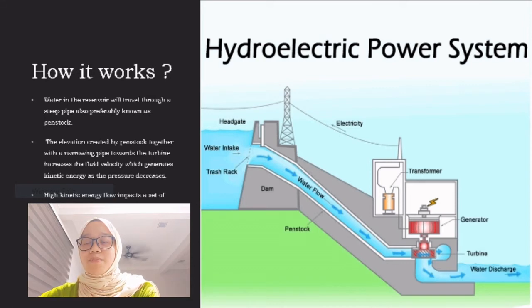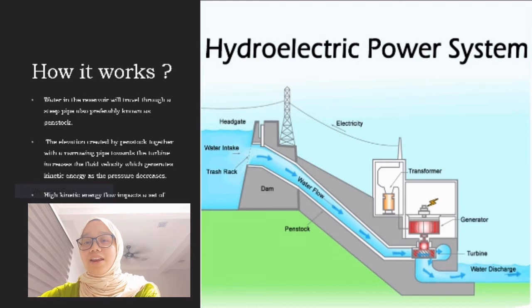Also, the diameter of the penstock towards the turbine is slightly reduced. Both the elevation and narrowing of the penstock towards the turbine aim to increase the fluid velocity, and hence it creates kinetic energy as the pressure decreases.